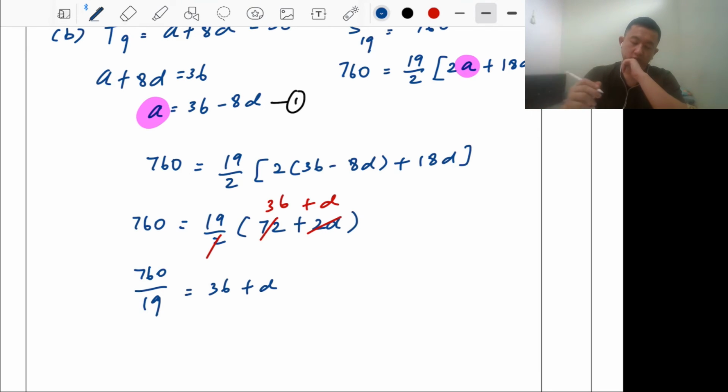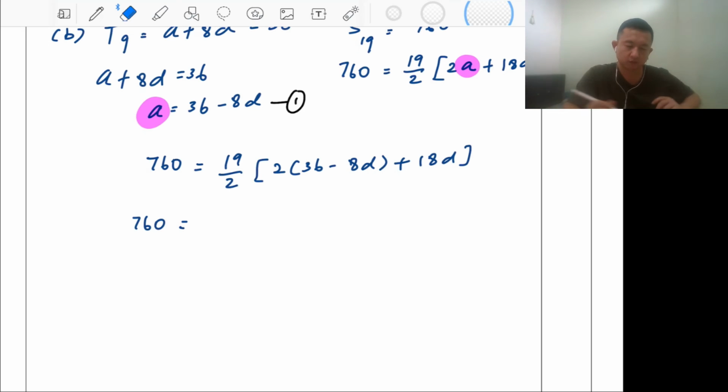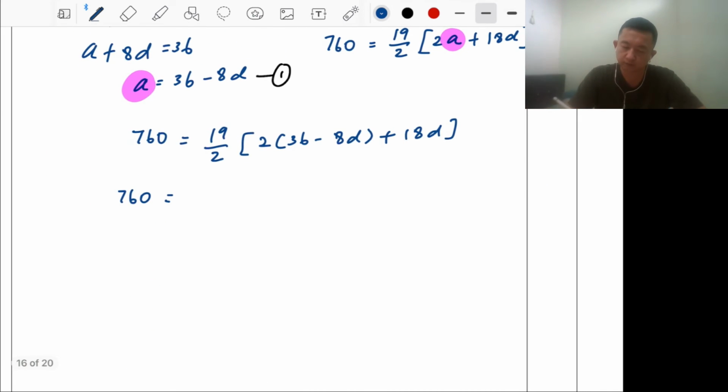Oh, 72 minus 16 plus 18 is 2d. Check one more time. The sum of the first 19 terms is 1700.